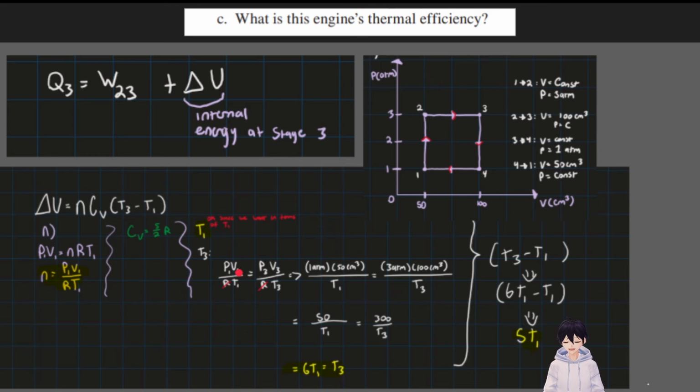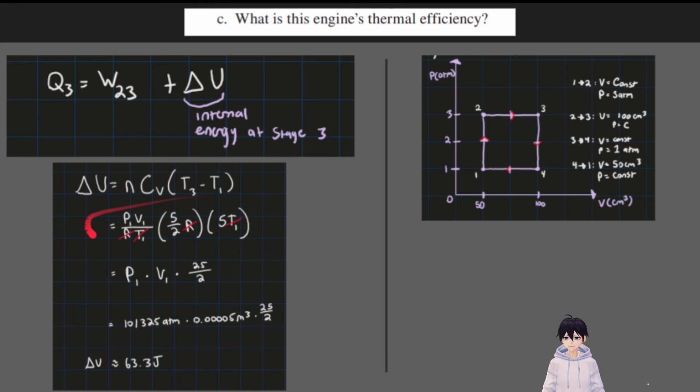And when we put in the numbers for the pressure and volume for point 1 and point 3, we get these numbers right here, which is 50 divided by T1 is equal to 300 divided by T3. When you simplify it, you get 6T1 is equal to T3. And when you substitute T3 with 6T1, you get 6T1 minus T1, and you get 5T1. So you have these three parts right here, which we put into the internal energy at stage 3.